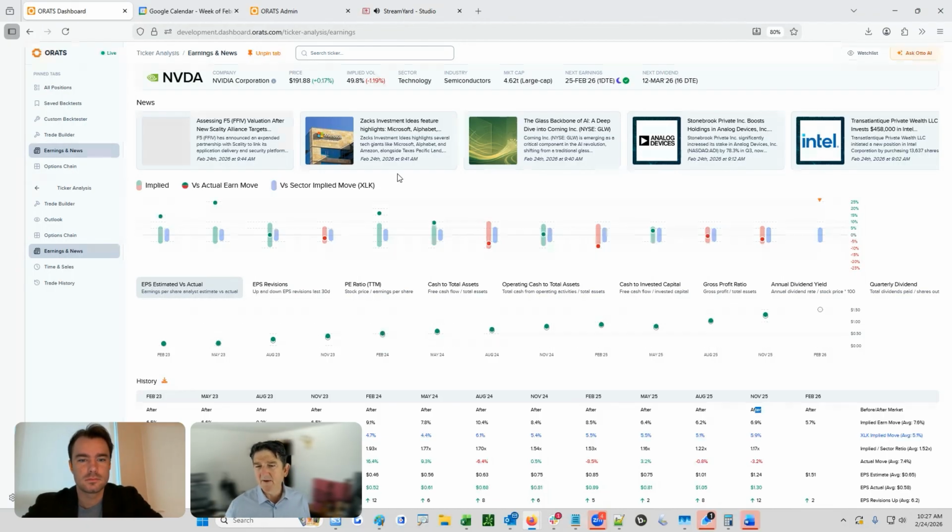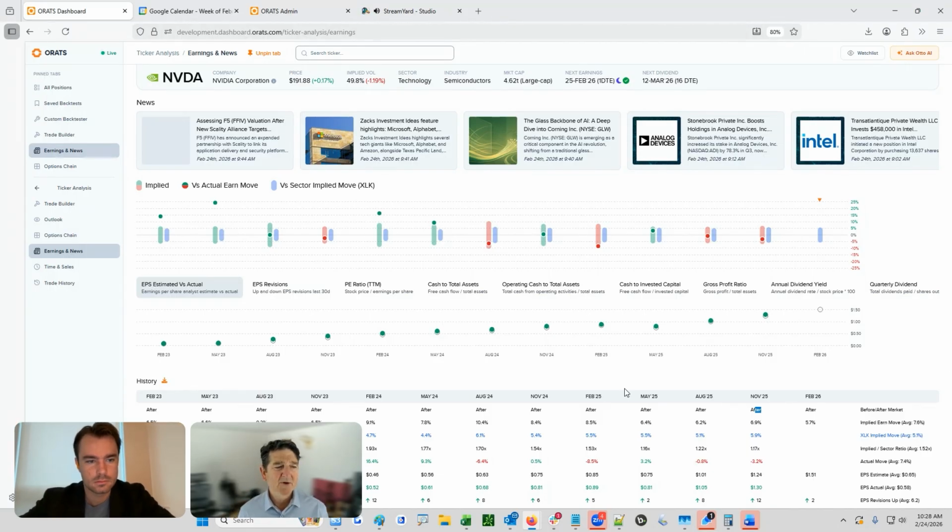So if you just want to do this programmatically, you could also use these data points. We build all our tools on our API, so you could get these. We have a ton of data clients that come in and just get all this via RESTful APIs. So that's available too.